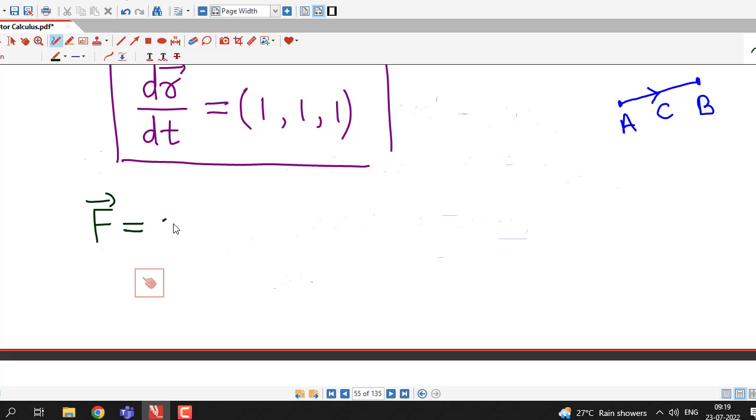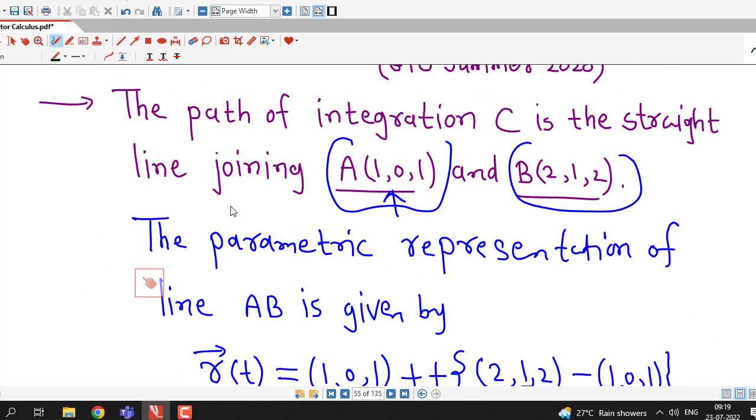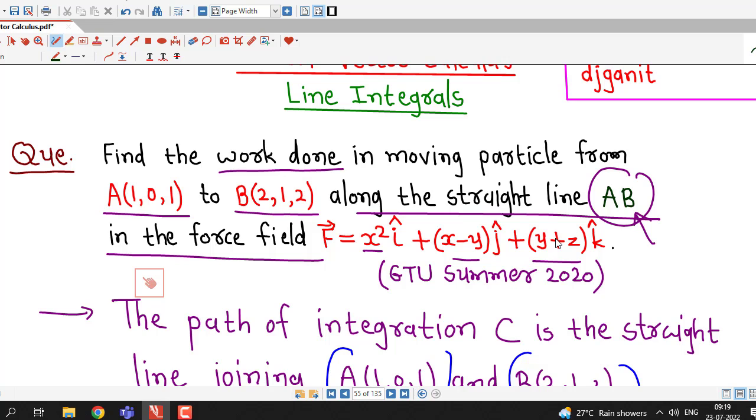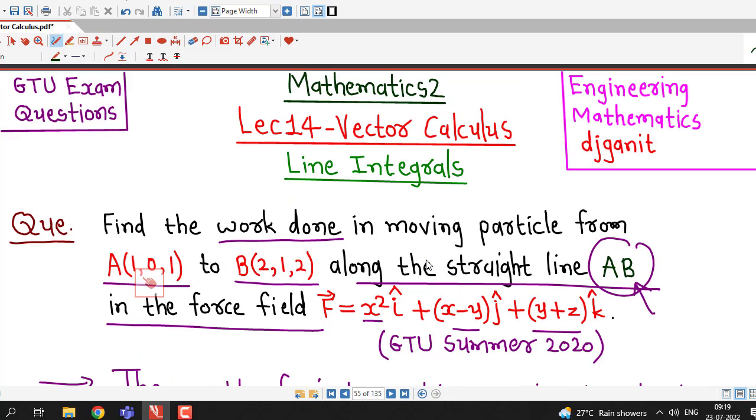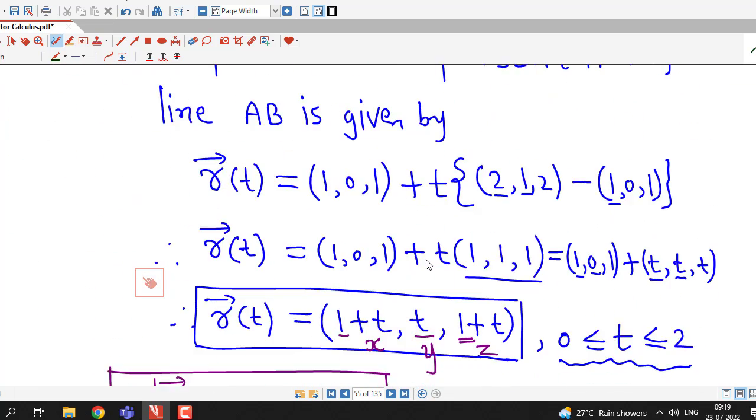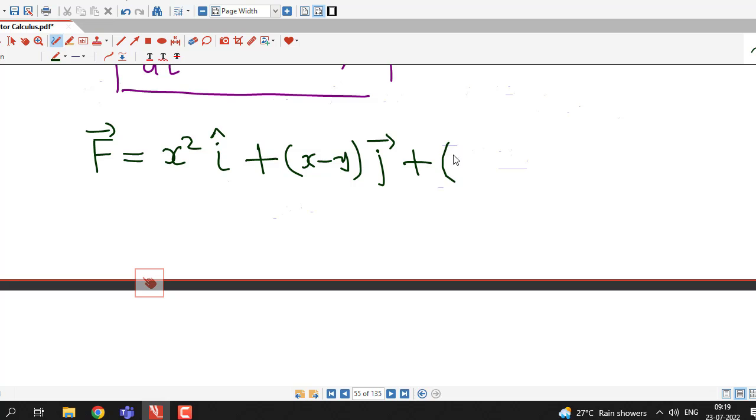First we write the given vector function, it is x square i plus (x minus y) j plus (y plus z) k. Either we can use this notation or we can use vector notation also.